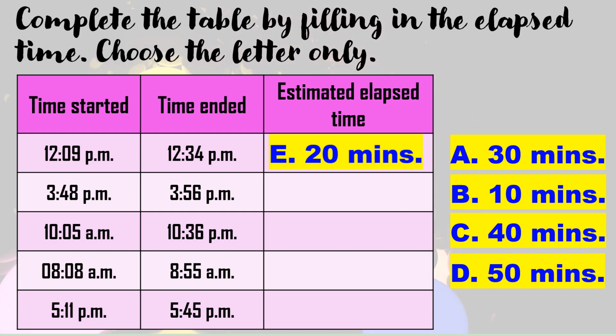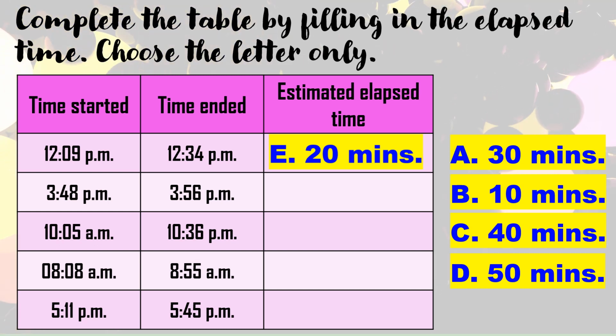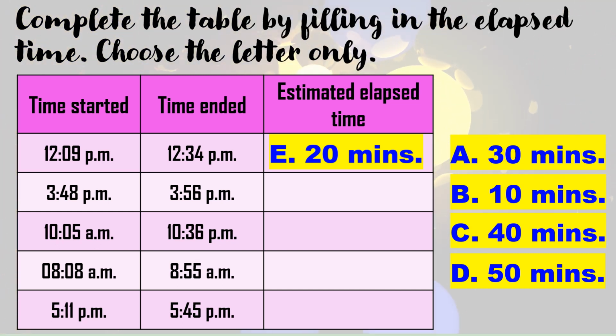Next, number 2, 3:48 becomes 3:50 and 3:56 becomes 4 o'clock. Now, we cannot subtract o'clock by 48 minutes.